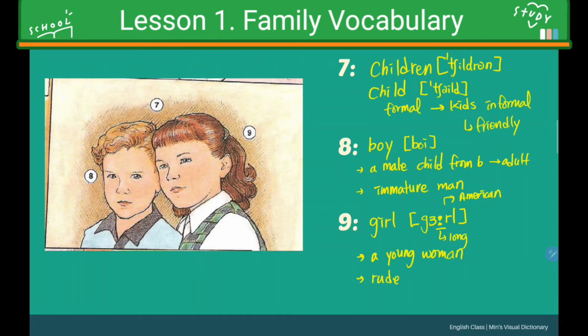So it's either rude or friendly. In America, we use this word girl to describe a female friend. So when you're 40 years old and you refer to your 40-year-old female friend, you can call her girl.